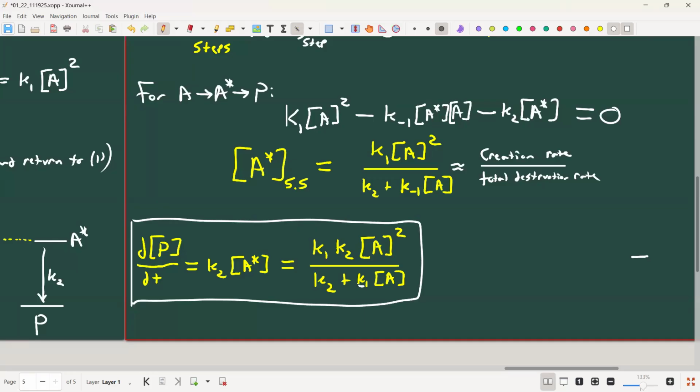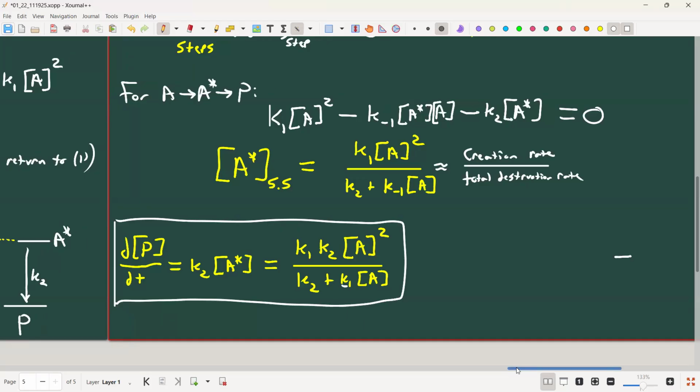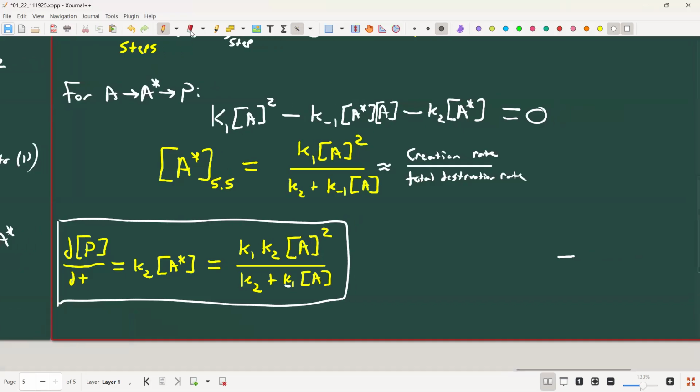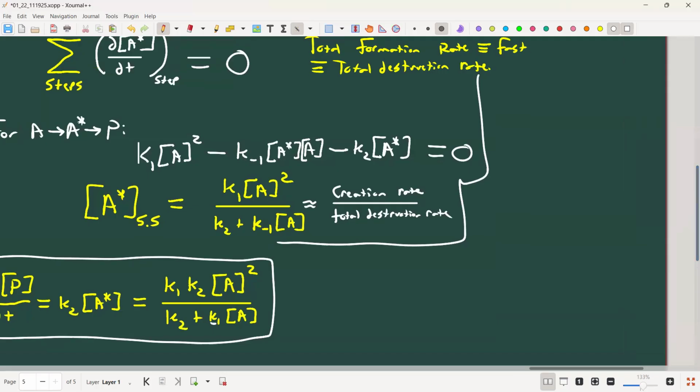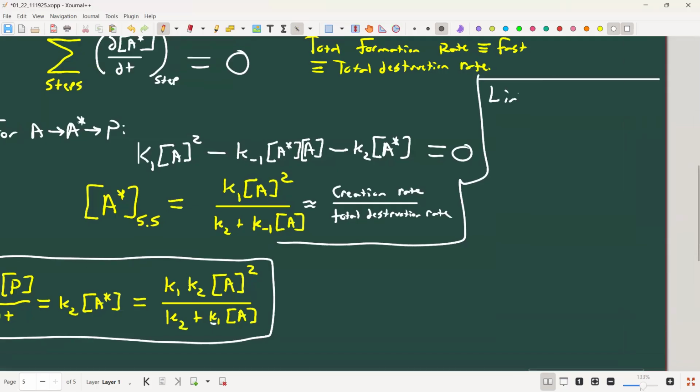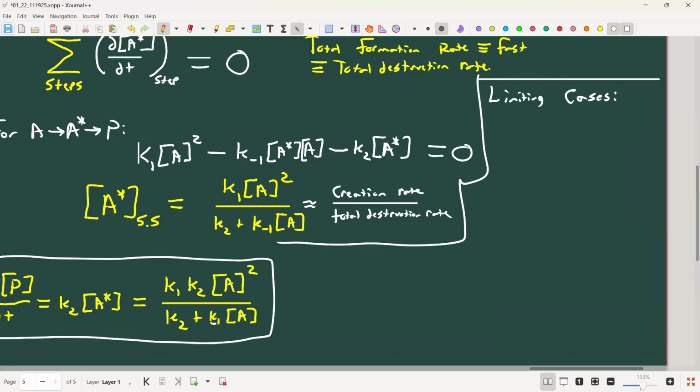So let's think about the limiting cases. Let's think about this at two limits, the limit of low pressure and the limit of high pressure. That's what we really cared about in this reaction, because we noticed that the pressure considerably changed the kinetics of this reaction.